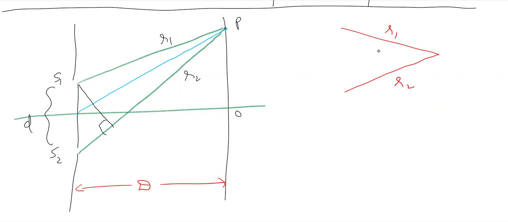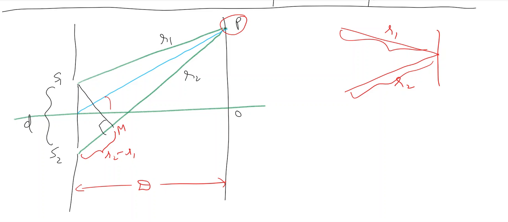Once you draw the foot of perpendicular, these paths will be identical, and hence whatever path difference is going to occur, it is because of this part. Let me call it M. So S2M is the part which is creating the path difference, and S2M will decide what will happen at point P. So I may refer to it as R2 minus R1.